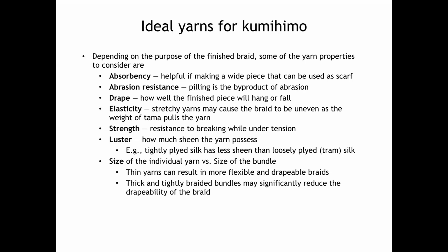If you think about thin yarns, such as what is used for the pre-cut silk, they tend to be more flexible, and particularly if you're not beating hard or pulling the thumb hard, you tend to have a very flexible and grippable braid.